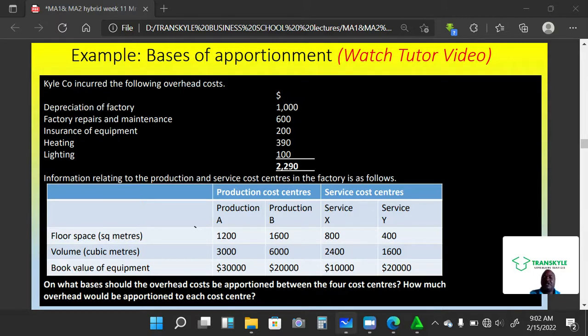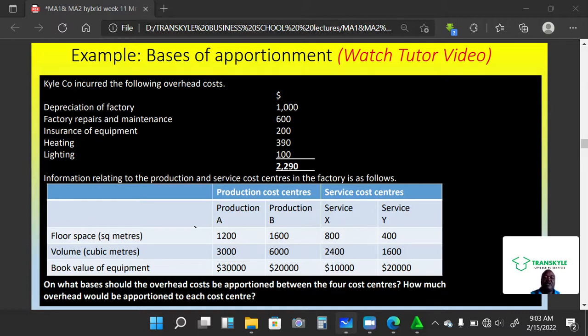Information relating to the production and sales cost centers in the factory is as follows: production cost centers, sales cost centers. Production A, production B, sales center X, sales center Y. Then we're told that floor space in square meters is 1,200, 1,600, 800, 400 respectively.